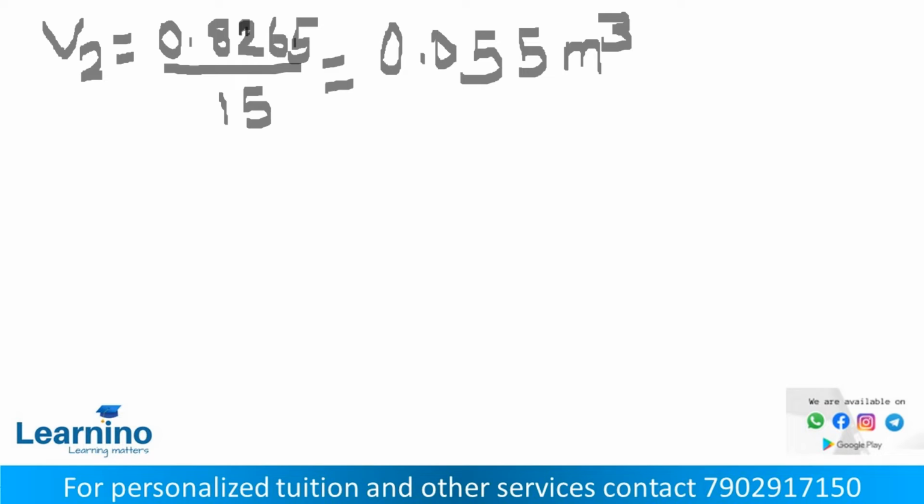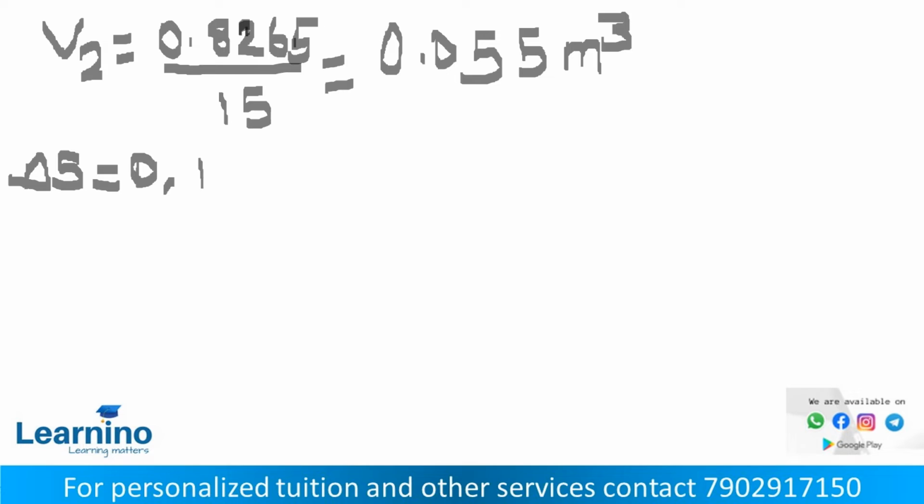Then adiabatic process 1 to 2 is adiabatic process. Adiabatic process means entropy change delta S is equal to 0.